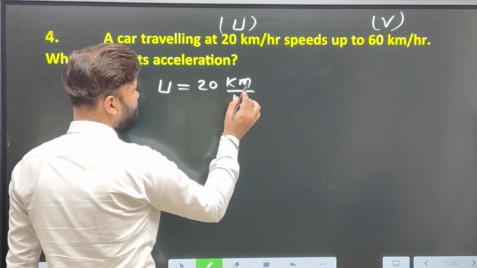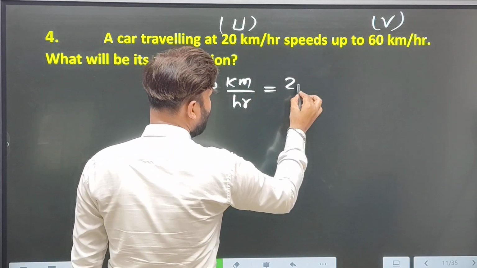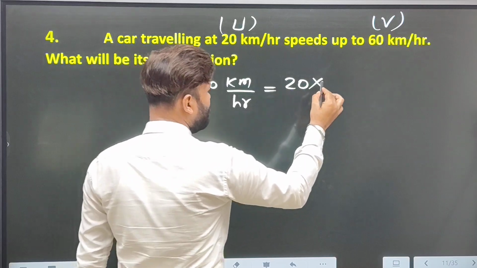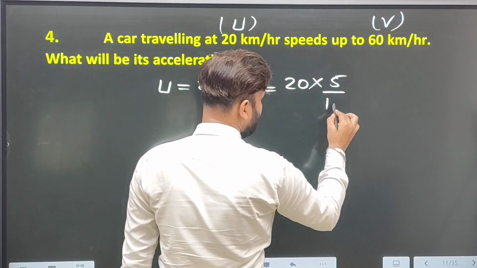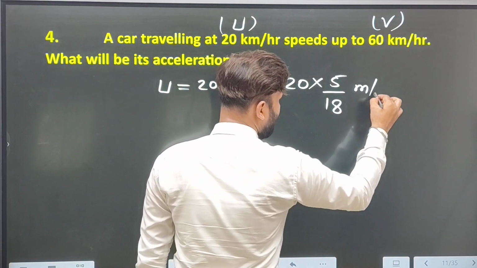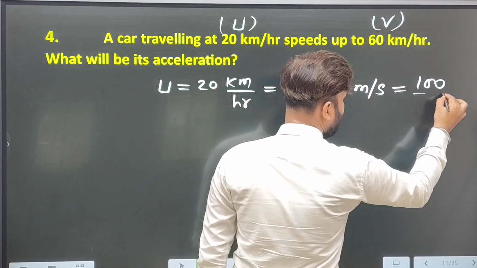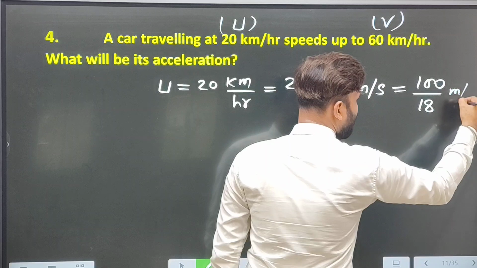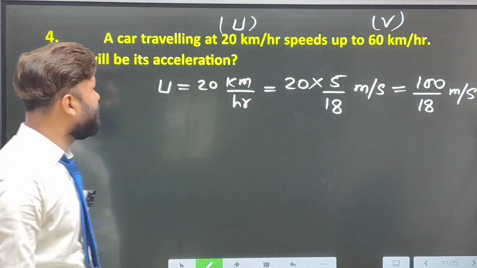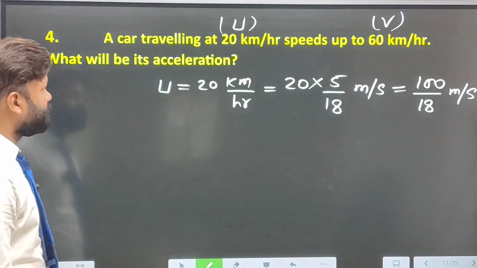To change into meter per second, what do we have to multiply? 5 by 18. So now it is in meter per second: 100 by 18 meter per second.